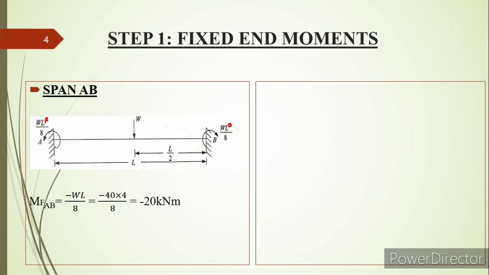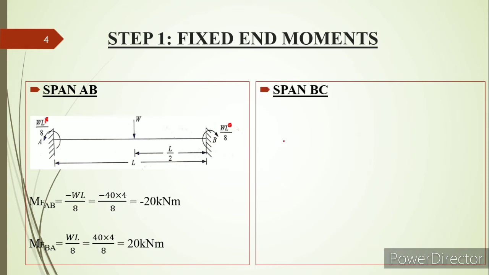Here the direction of the fixed moment is anti-clockwise, hence M of AB is equal to minus WL by 8. Then substitute the values of W and L, we get M of AB is equal to minus 20 kN meter. Similarly, M of BA is equal to plus WL by 8. Since the direction is clockwise, the value of moment is plus. We know that anti-clockwise moments are negative and clockwise moments are positive.